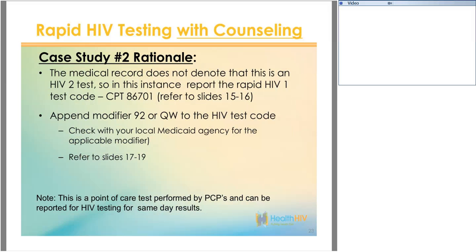So again, this scenario doesn't state anything about HIV Test 2. So the CPT code that was selected was 86701, with the modifier 92, if it's applicable in your state, or the modifier QW. So it's either or, not both.